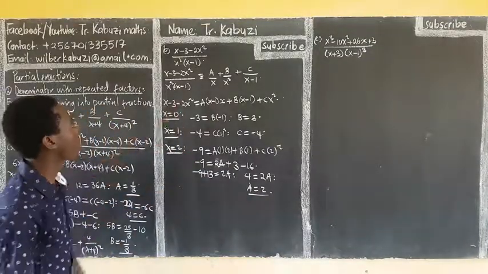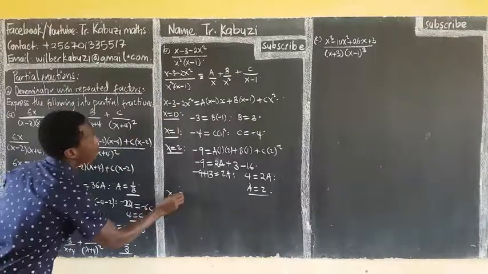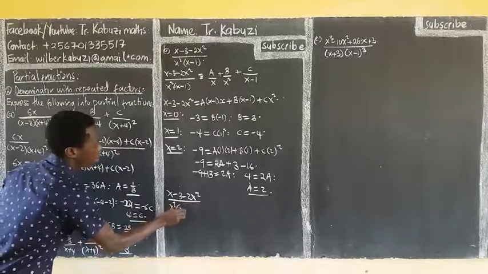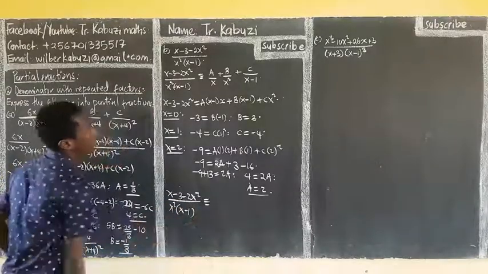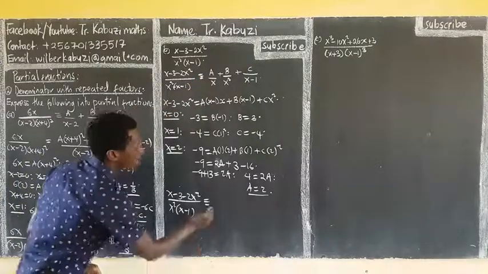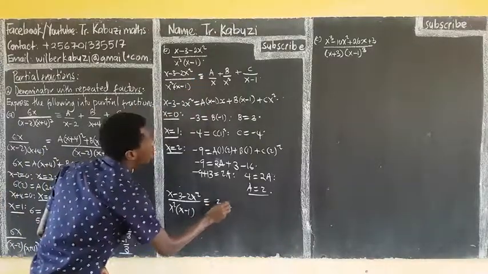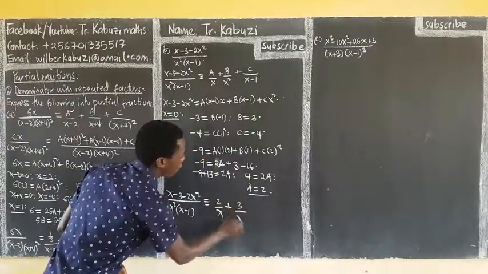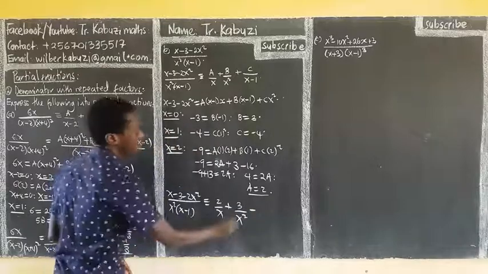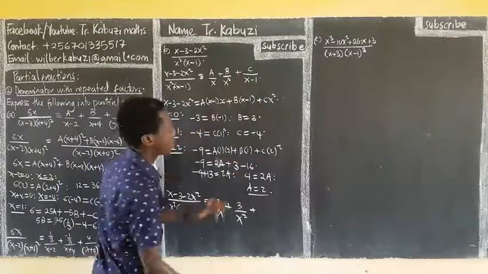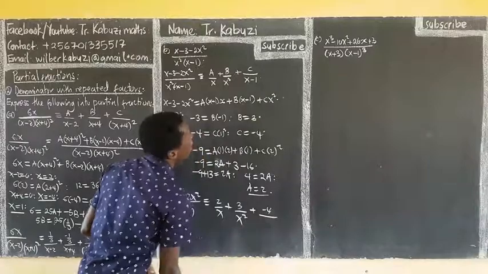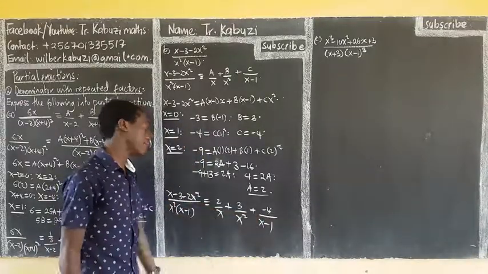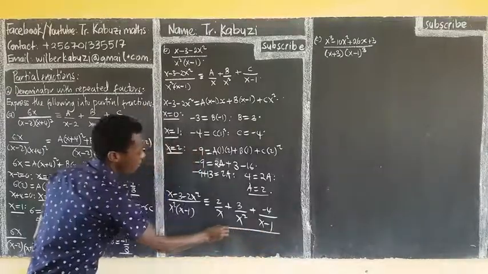Now, after doing that, we come and write this x minus 3 minus 2x squared over, in an end equal to a, our a is 2 over x, plus b, our b is 3 over x squared, plus c, our c is negative 4 over x minus 1. Or you can write this as negative and make this positive. It's up to you, and that will be our solution.